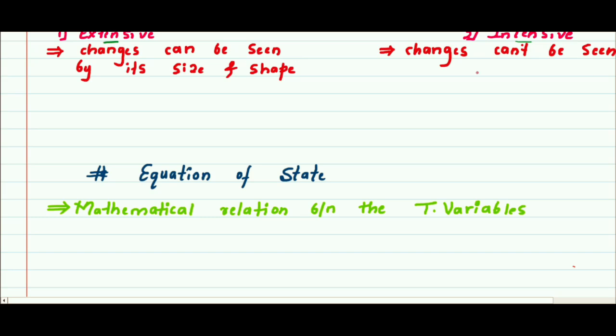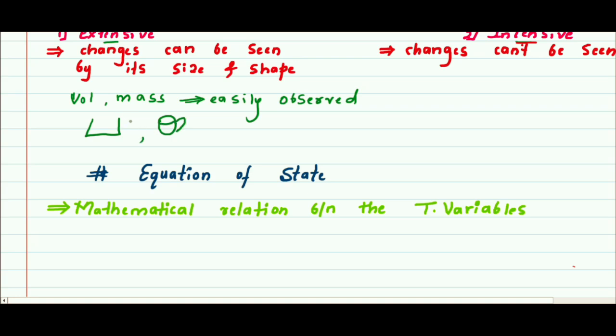Okay, so let's move to the types of state variables. Which are those types? The first one is extensive state variable and the second one is intensive state variable. In an extensive state variable, the changes can be seen by size and shape. Changes like volume and mass can be easily observed with our naked eyes, right? Whether we have taken water in a container or in a cup, what matters here is volume.